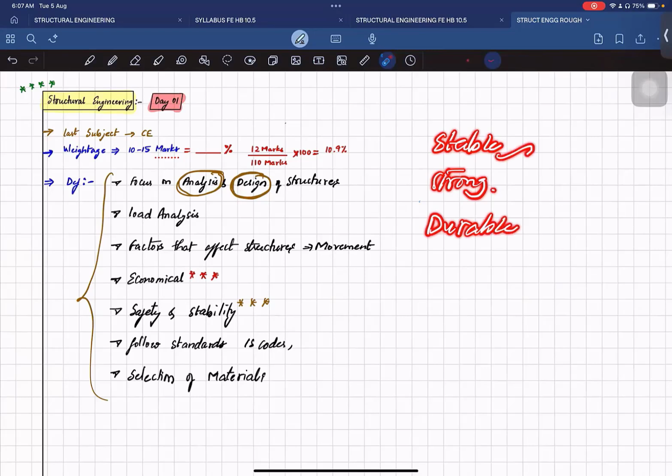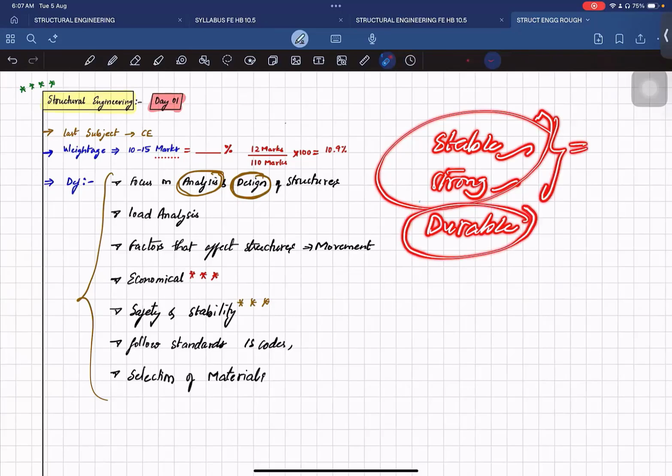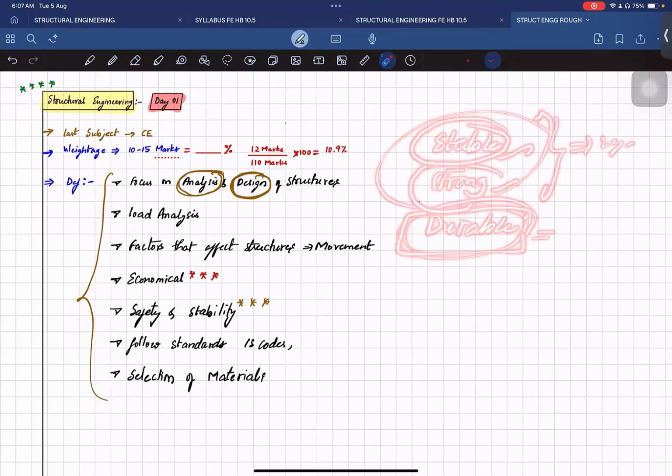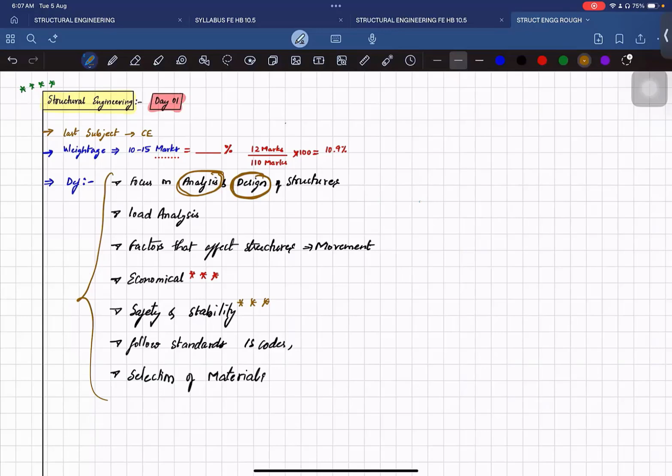If they are stable and strong, but the building stays for just 5 years, it is of no use. Even constructing a building takes 2 years. If it is designed for a design life of just 5 years, it is of no use. It must be durable, strong, and stable. Now, this is called structural engineering.